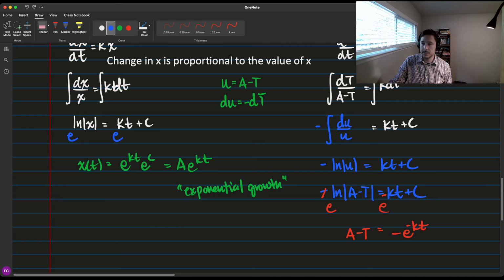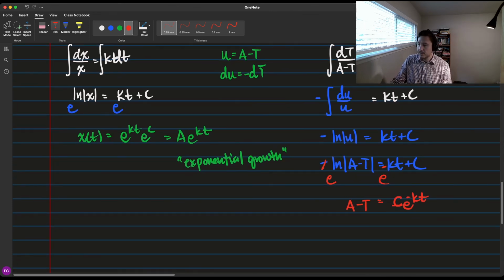Let's just call it c. So if you subtract over, you get minus T equals c e to the minus kt minus a, which means the temperature equals the ambient temperature minus c e to the minus kt.